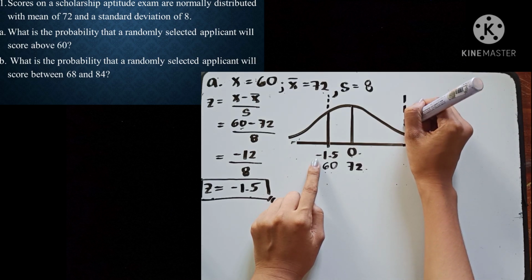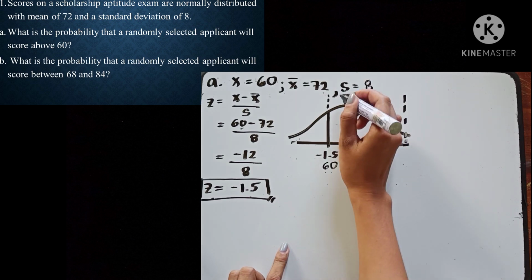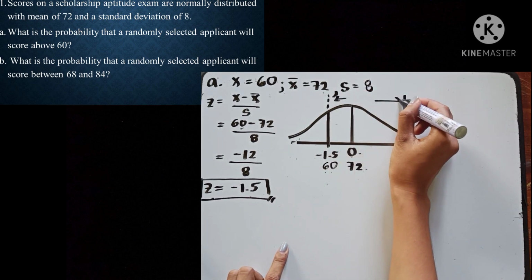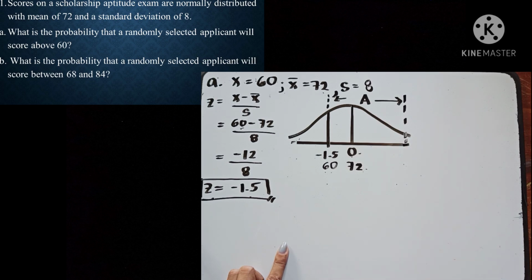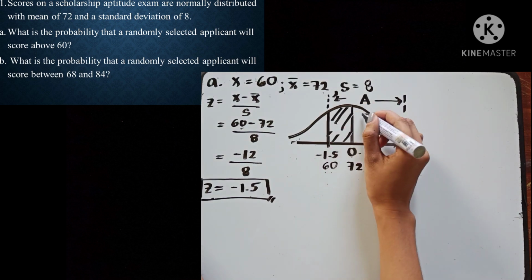So, from negative 1.5 or from 60, papunta sa kanan. So, ibig sabihin, ayan yung hinahanap natin na area. Kapag po above, ibig sabihin to the right. Kapag below, ibig sabihin po to the left. Okay? So, since this is above, ibig sabihin to the right of negative 1.5.